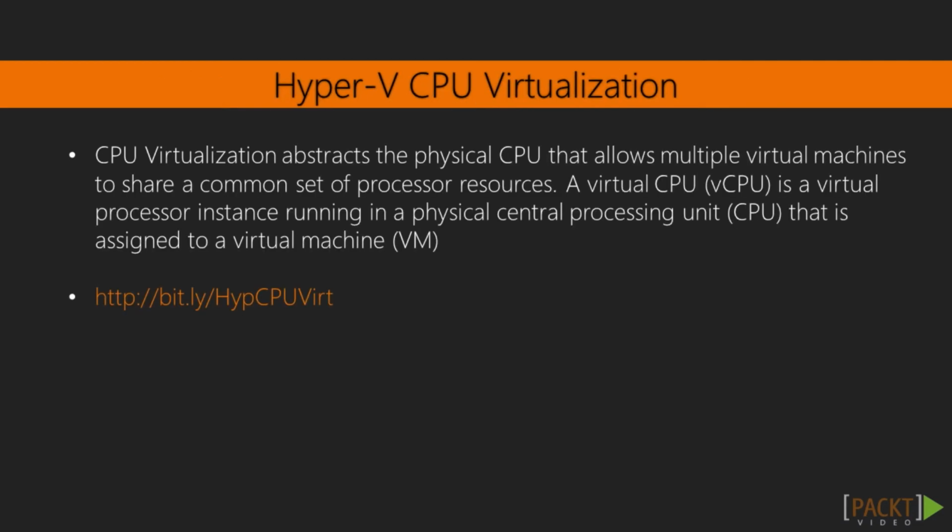CPU virtualization abstracts the physical CPU, which allows multiple virtual machines to share a common set of processor resources. A virtual CPU, or vCPU, is a virtual processor instance running in a physical CPU that is assigned to a virtual machine.